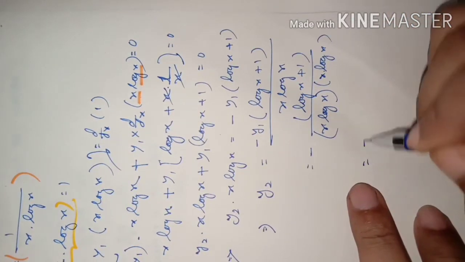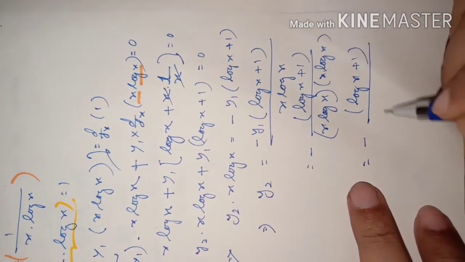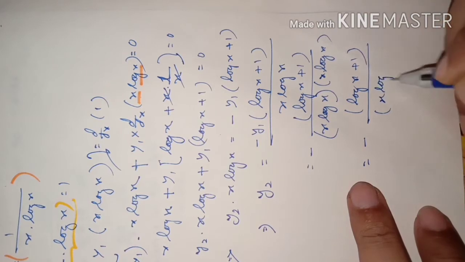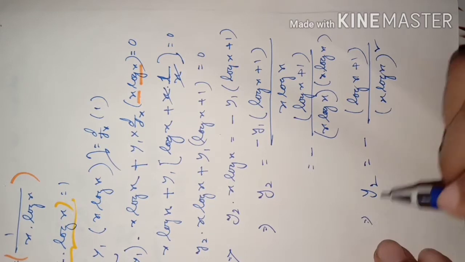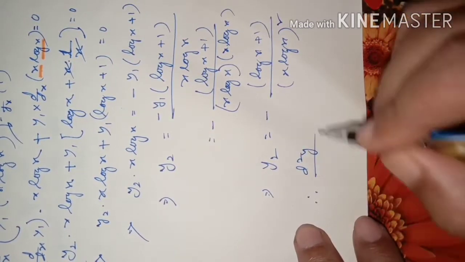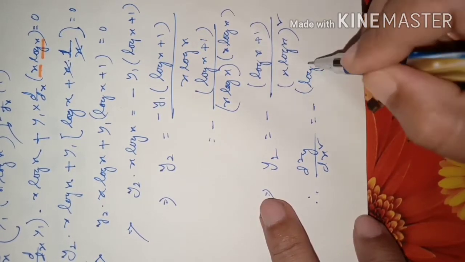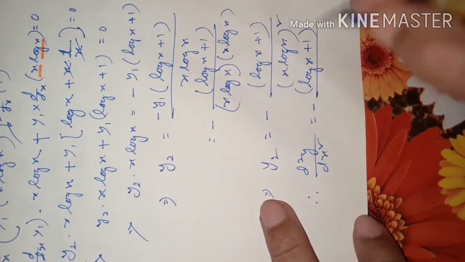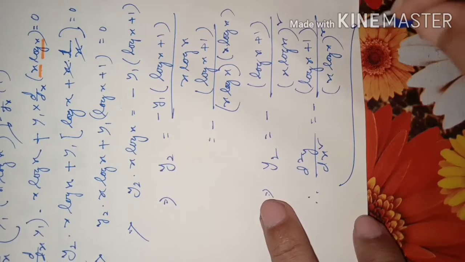So the final thing will be minus log x plus 1 divided by x log x the whole square. This is y2, that means d2y by dx square. Therefore d2y by dx square is equal to minus log x plus 1 divided by x log x the whole square. This is our answer.